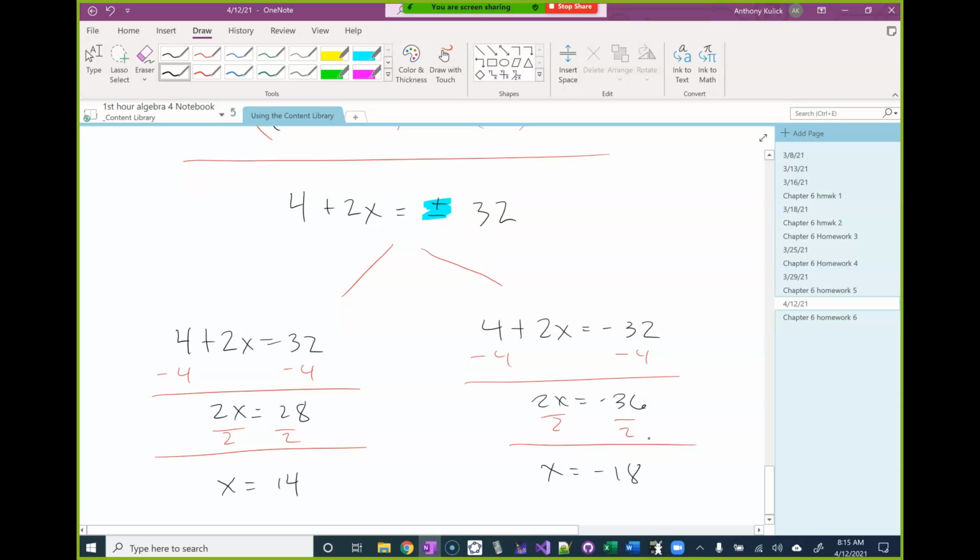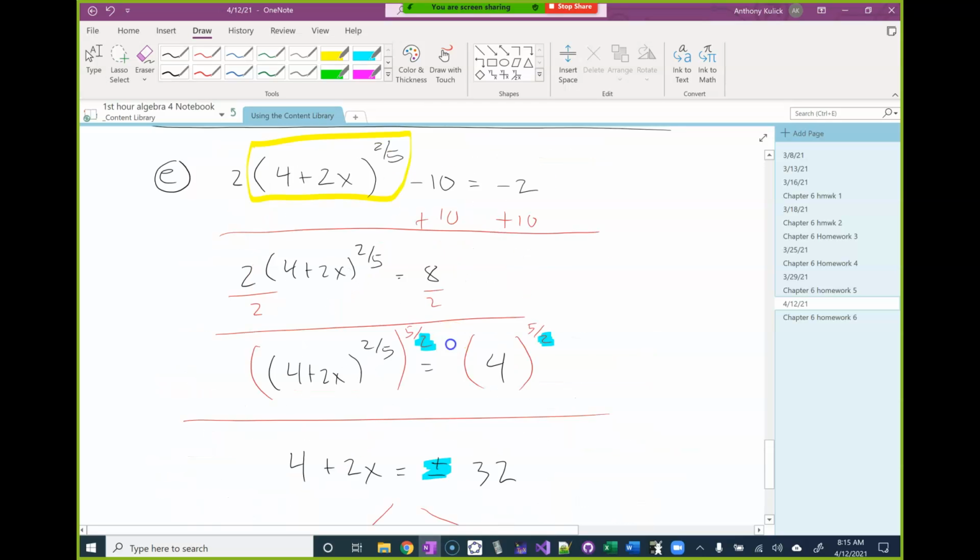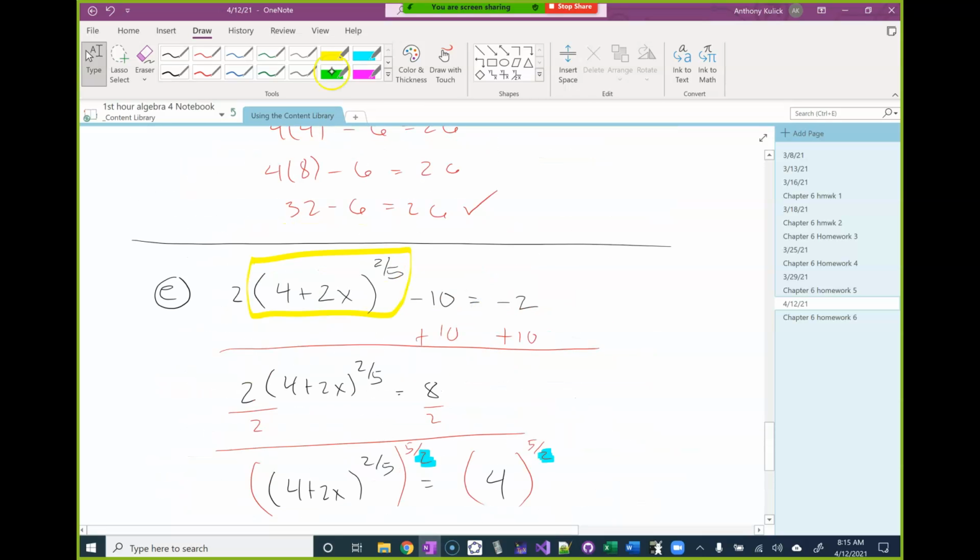And if we go back and look at the original equation here, I want to point out to you that this original equation is an odd root problem. Everybody see that? So do I need to worry about checking an odd root? No. If I do check it, is that okay? Yeah, it's going to work.